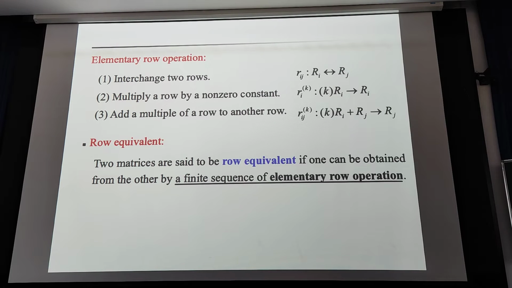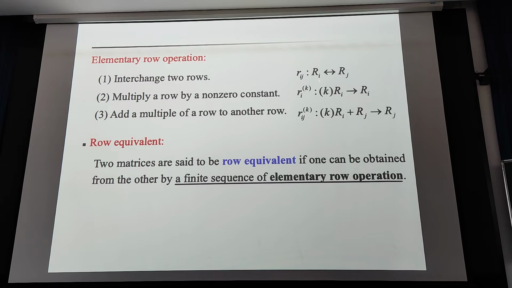Then for a matrix, we can have three kinds of row operations. We call them elementary row operations, and they are exactly the same operations as we apply in eliminating a system of linear equations. The first one is to interchange two rows, denoted by that thing.